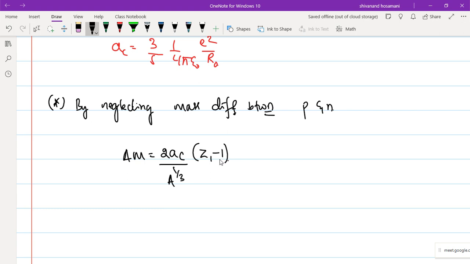So Z1 is the initial one. Which one has the greater atomic number? Z1, because here we treated Z1 as greater than Z2.